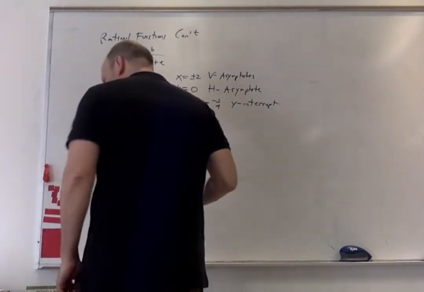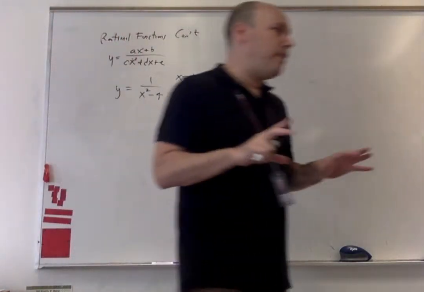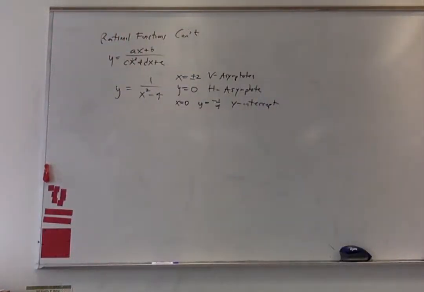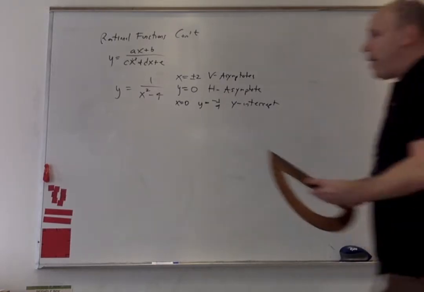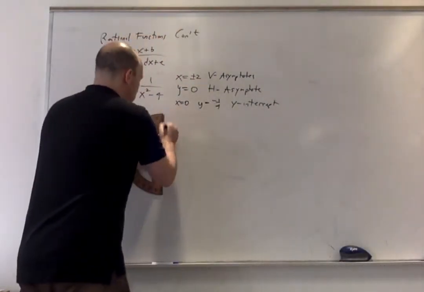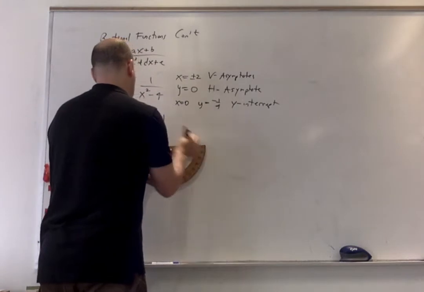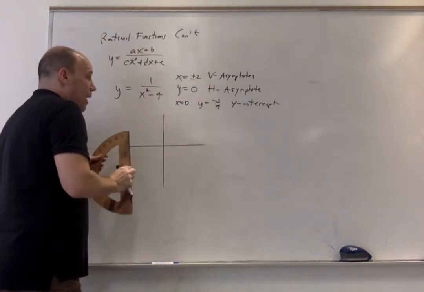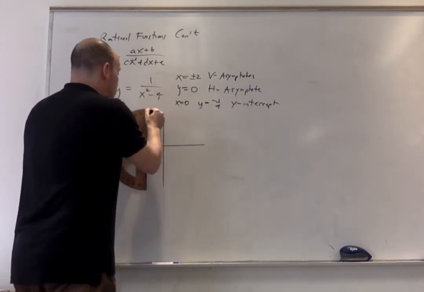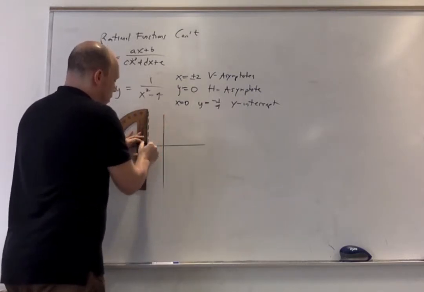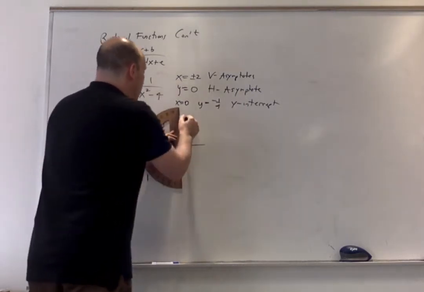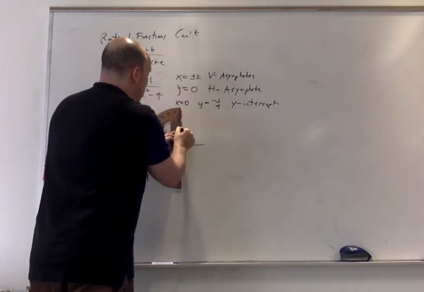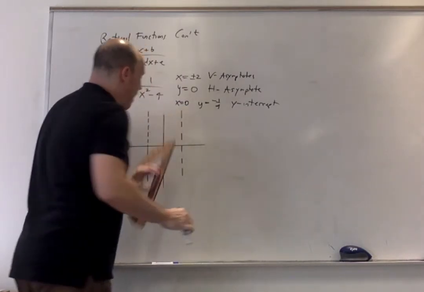But once again, we're sketching based on previous knowledge. So we are putting up our axes on our paper. We are putting in our vertical asymptotes. Once again, pencil. In part 2, you can use a calculator.